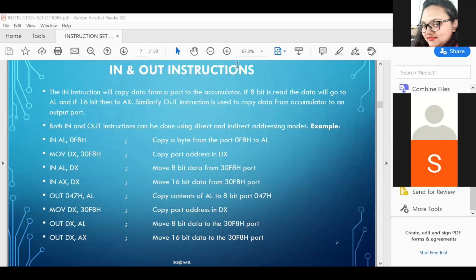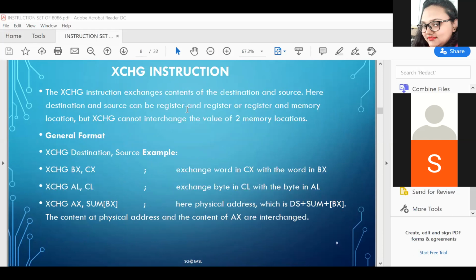Okay, so coming to the next instruction, not the section actually. That is the exchange instruction. Now this exchange instruction actually exchanges the data between two registers, like this one, exchange destination and source is given.